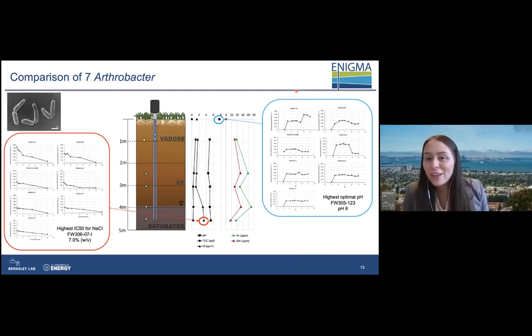A couple other things that you might notice in these graphs is that this isolate here, and the one to the right of it, are two groundwater isolates, and they're very different. That's actually a common theme in this study: the results of phenotyping and even the genomic analysis of these groundwater isolates are so different.